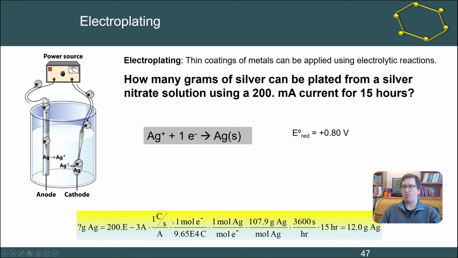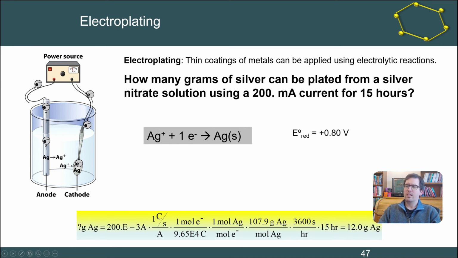So we know then for every mole of electrons, we can reduce 1 mole of silver ions to silver metal. 1 mole of silver metal weighs 107.9 grams. We know 1 hour, just to get to the appropriate units, is 3,600 seconds. We have 15 hours, and so we can plate 12 grams of silver. So again, typical for a benchtop sort of electrochemical cell.